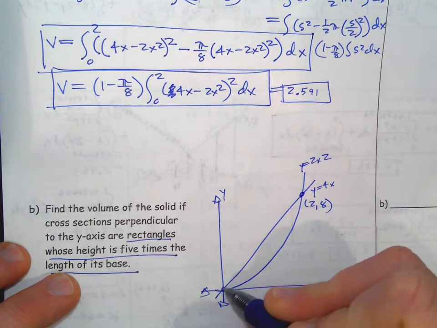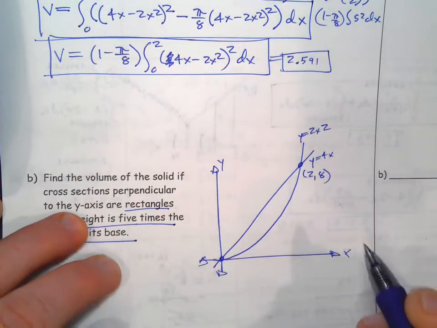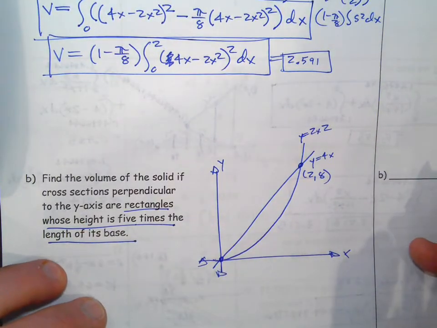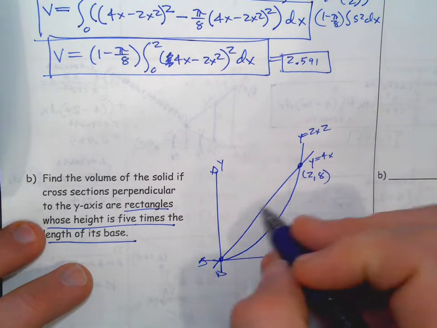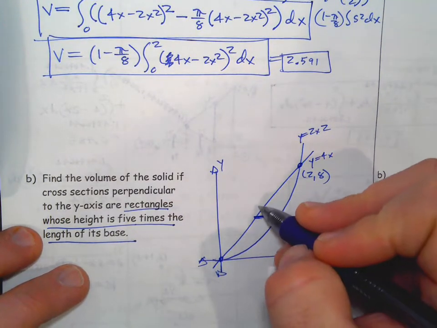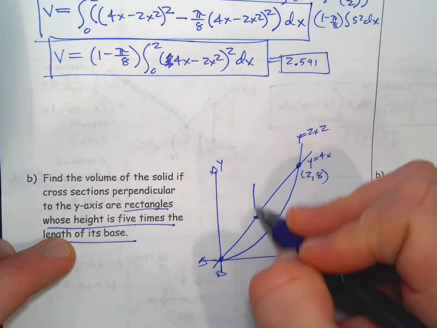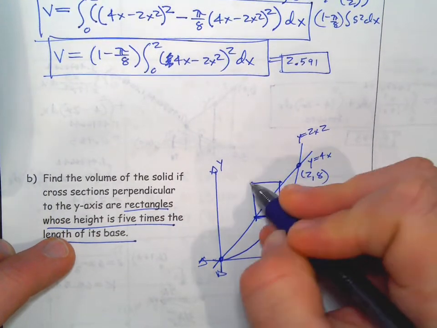Now, if we had to, we could find these intersections on our calculator pretty easily. So they're going to be horizontal, perpendicular to the y-axis. They're rectangles whose height is 5 times their base. So they're tall rectangles.